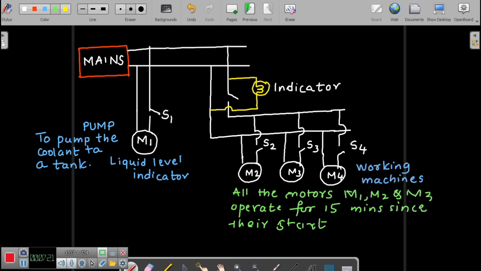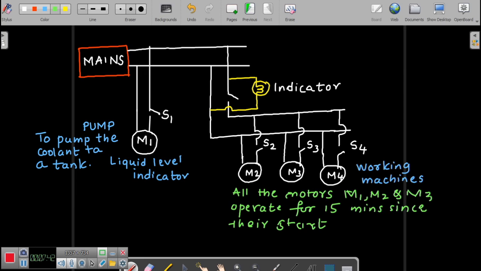You have got the mains, then you have got a motor M1, and a liquid level indicator or something like that, right? This motor M1 is the physical device.